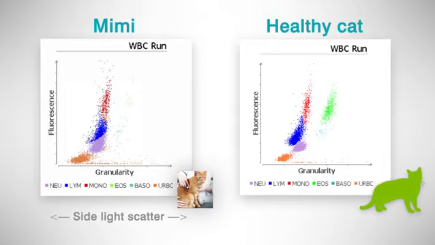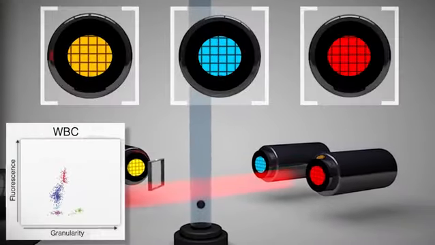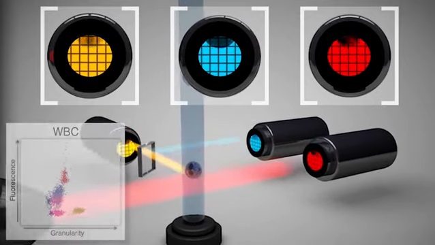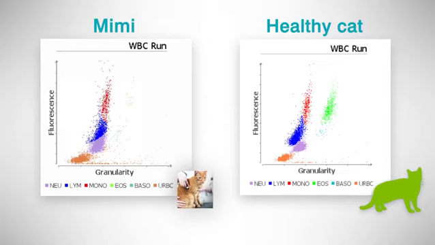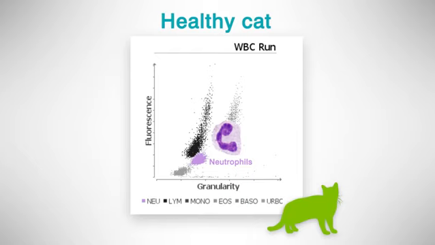The x-axis is a measure of light scatter based on the laser interrogation that primarily provides information on the degree of granularity or complexity of the cytoplasm. In the healthy cat WBC dot plot, there's a defined cluster of cells colored purple that represent neutrophils, separated from another cluster of cells colored blue that represent lymphocytes.